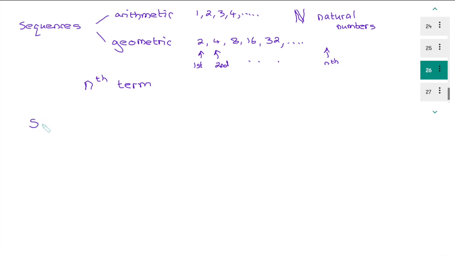So what was a series? Series are related to sequences in that we just add them up, right? So it's the sum of a sequence. And again, the language used is not consistent. Some people will say the series is the sum of the whole sequence. So in the two cases we've got there, we can have the series of an arithmetic or a geometric one.